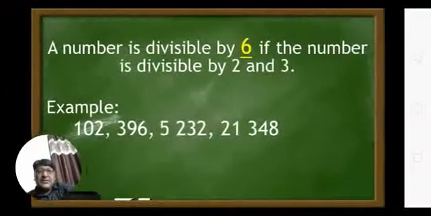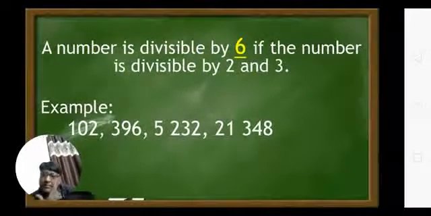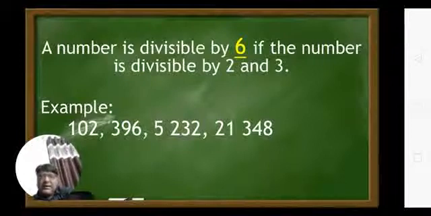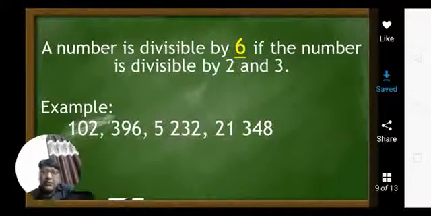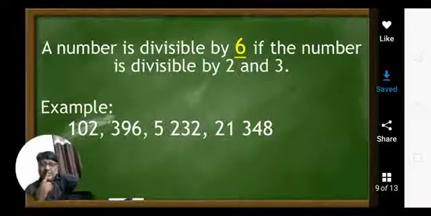Now the next one is, a number is divisible by 6 if the number is divisible by 2 and 3. If a number follows the rule of 2 and the rule of 3 also, then the number will be divisible by 6. Suppose 102.